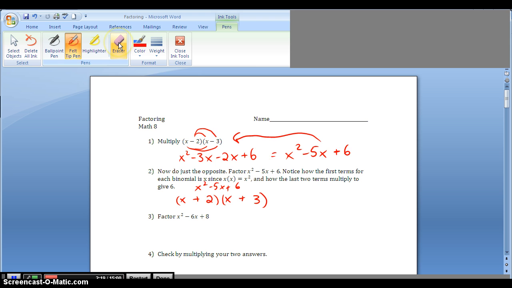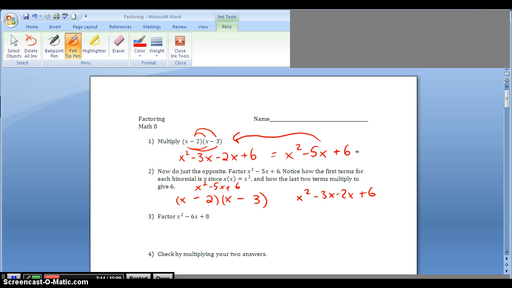So I'm going to erase that plus, and then I'm going to put in the minus. Now, when I multiply them out, I get x times x is x squared, minus 3x, minus 2x, plus 6. As we already did up here, this comes out to x squared minus 5x plus 6.